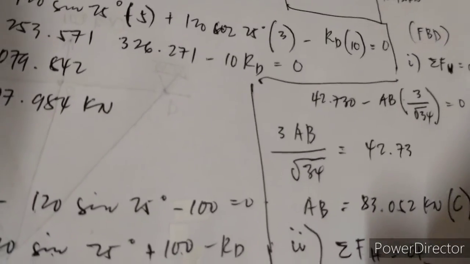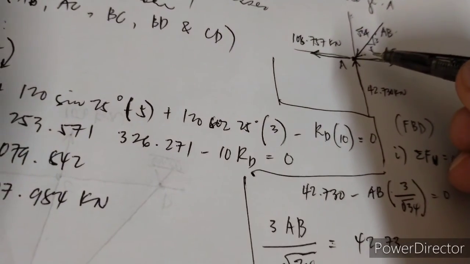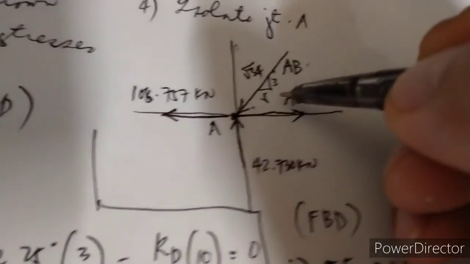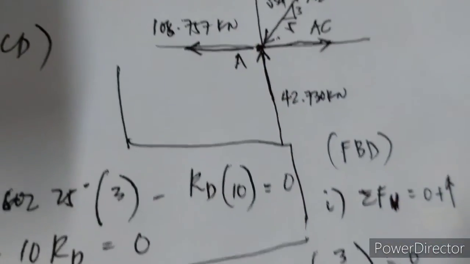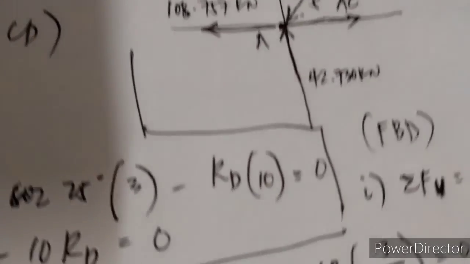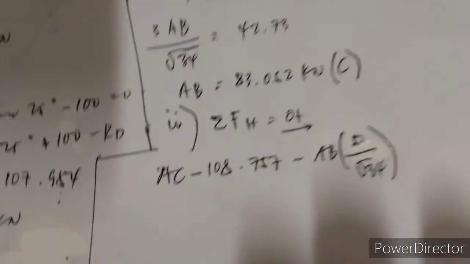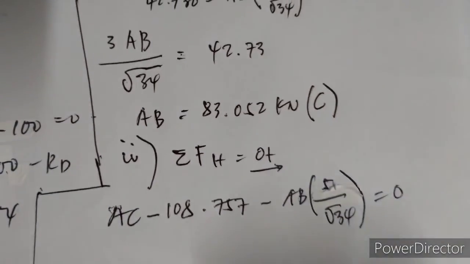So we use 5 over square root of 34, equal to 0.